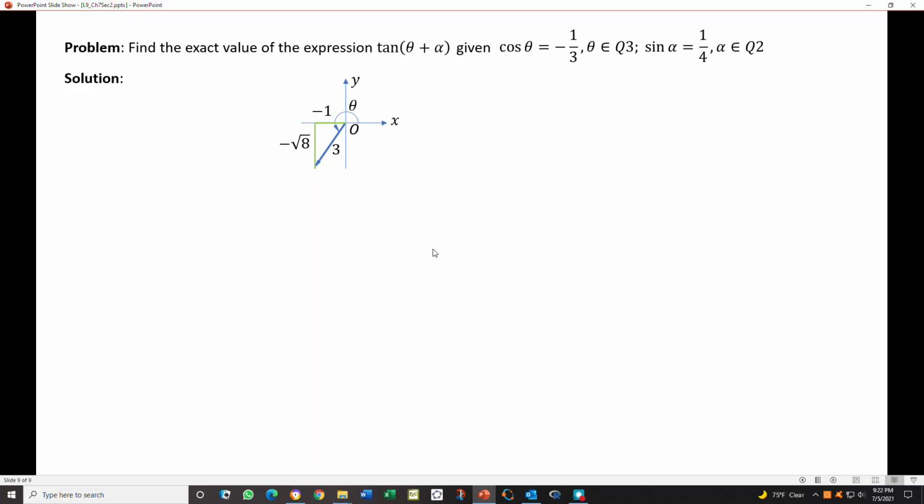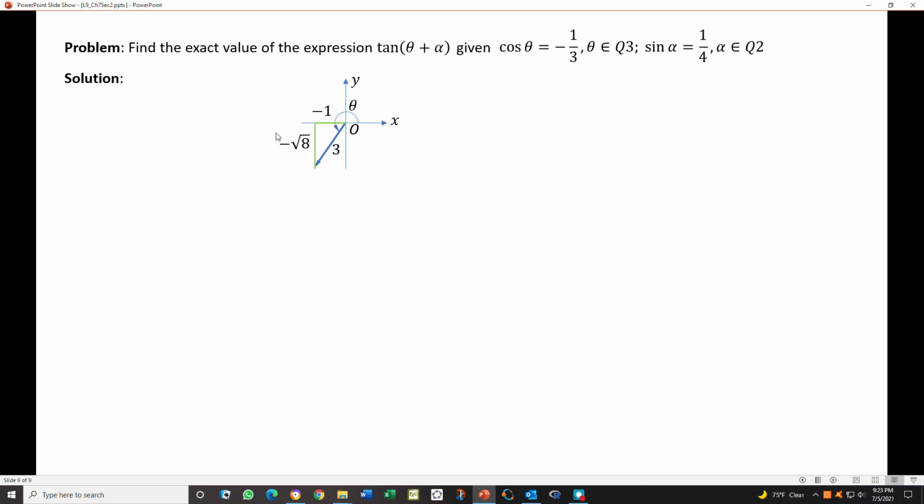So, cosine theta is negative 1/3, and theta must be in Q3. So I decided to draw this in Q3. Cosine, in terms of x, y, and r, is x over r. So x must be negative 1 and r must be 3.